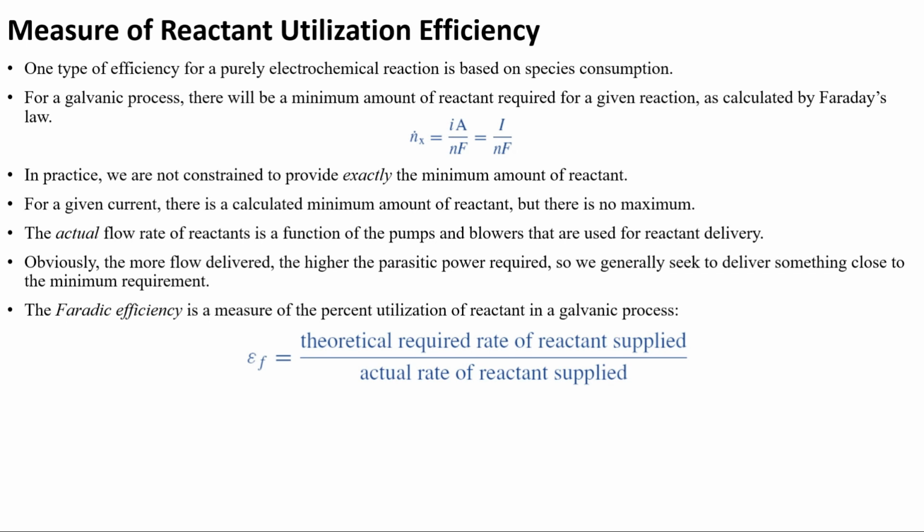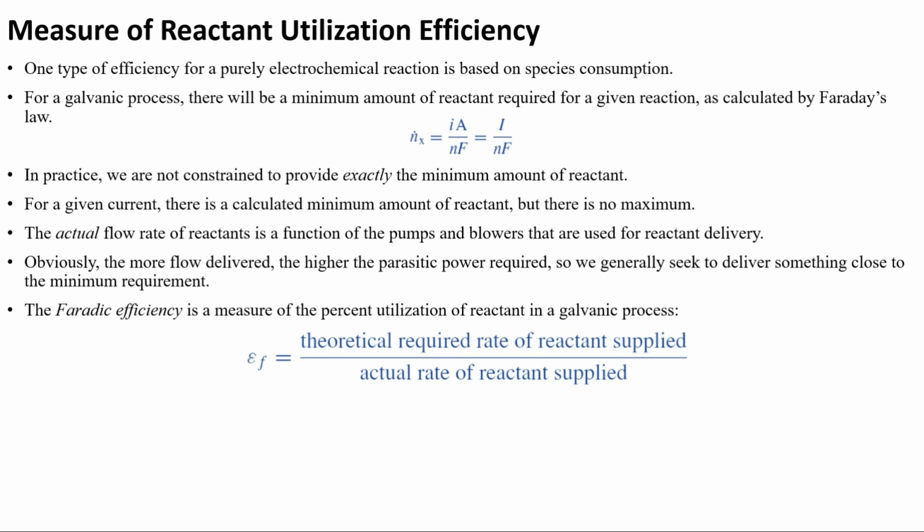We supply a sufficient amount of reactant, and it might be possible that 100% of the reactant is consumed in order to generate current, but we have discussed that normally we supply reactant more than the minimum requirement.